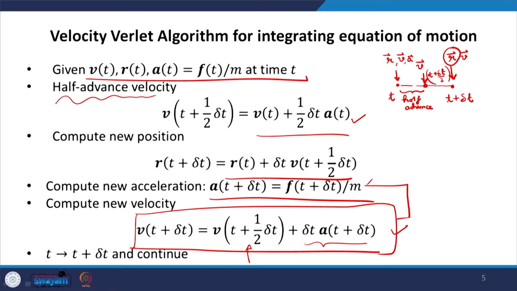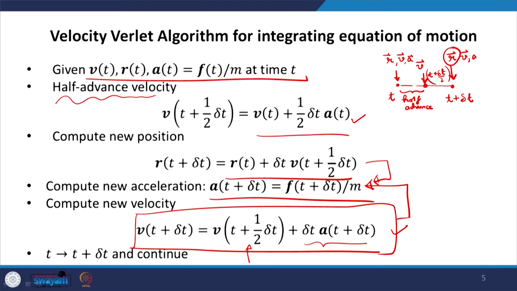So, in some sense it is an implicit scheme, but in reality we have already computed the acceleration using the force value at time t plus delta t, and I can find the forces because we have already found the position. So, it really works as a nice trick of finding the velocity at midpoint and using that to first update the position, then update the acceleration, and finally update the velocity. And it turns out that it really works very well for most of the cases. And then once we have done that, we have found the position and velocity and also acceleration at the new time.